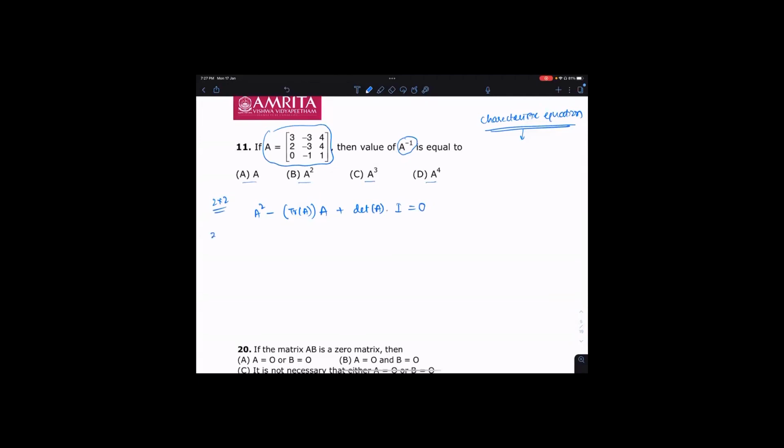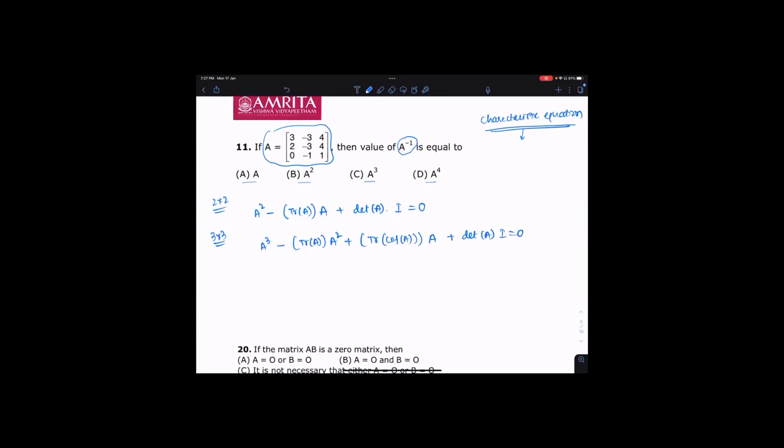For a 3 by 3 matrix, it is A cube minus trace of A into A square plus trace of cofactor matrix, I will explain what that is, plus det of A into I. You just need to know this.